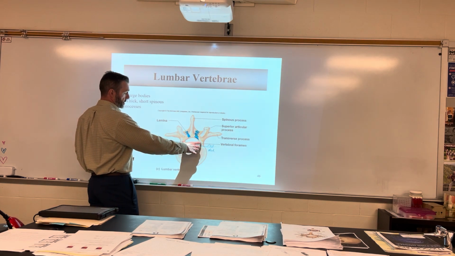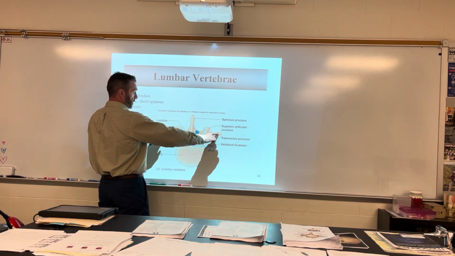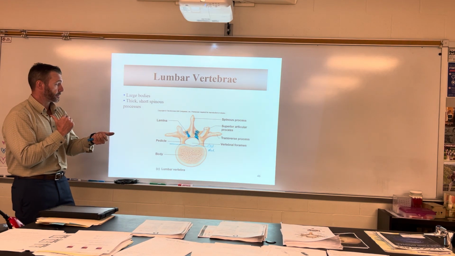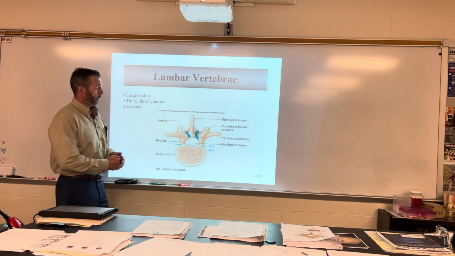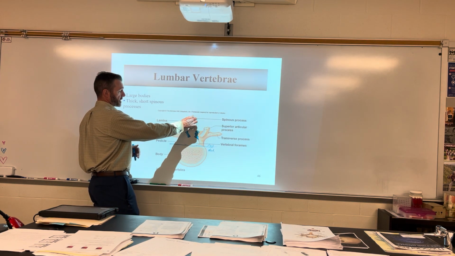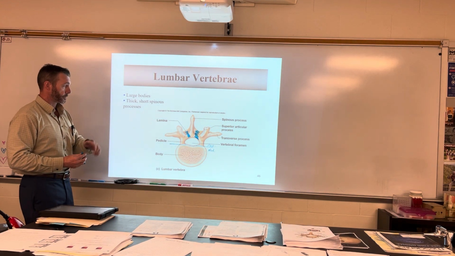So posterior elements, we have our two pedicles, we have the two lamina. From the lamina and pedicle junction, we have these two processes that come out on the sides called the transverse processes. So you have one on the left and the right. Then where the lamina fuse together, they form this process that sticks out the back called the spinous process, and we only have one of those.